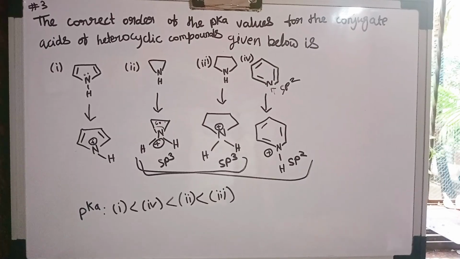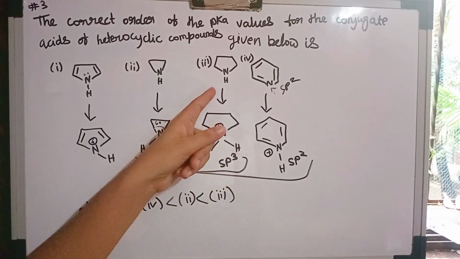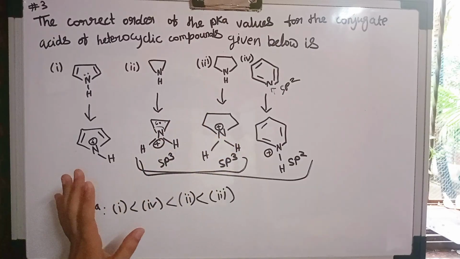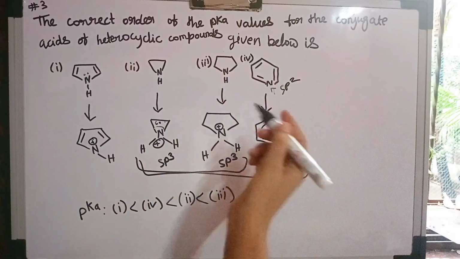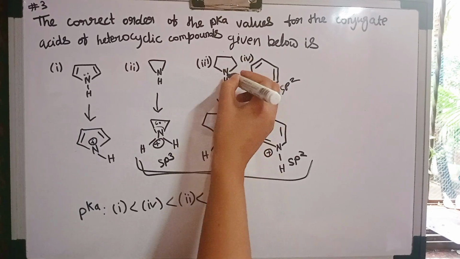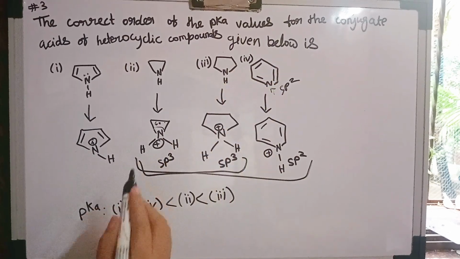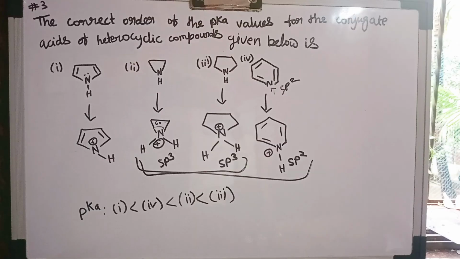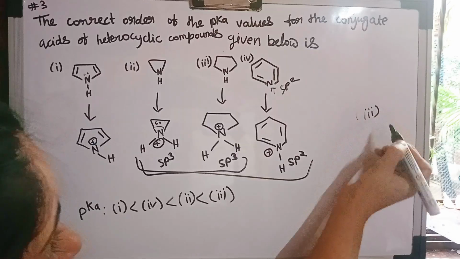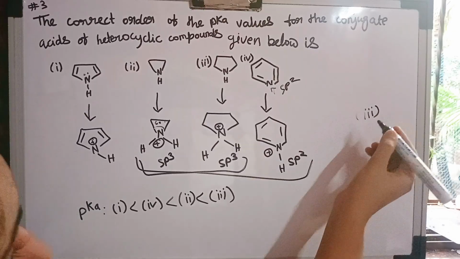So the best base out of these four is going to be this one, because its structure is very stable. It does not have a lot of strain. So this is going to give away its lone pair of electrons very easily. So this is going to be the best base. And we know that the higher the pKa value, the better the base. So this one is going to have the highest pKa value. This means it is going to be the strongest base.